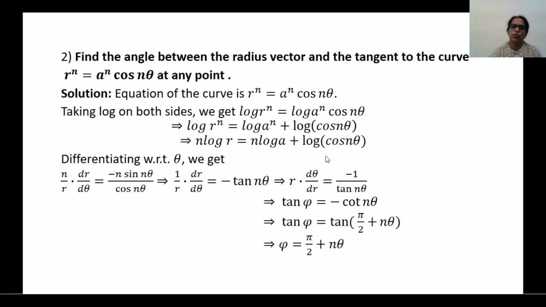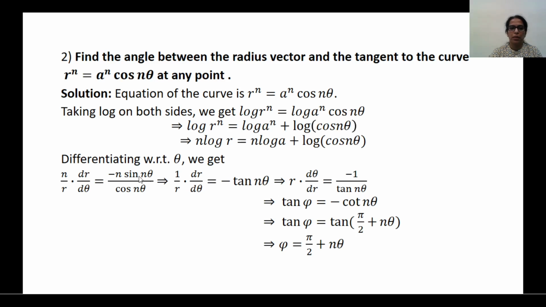Now differentiate this with respect to theta. n into log r differentiation is 1 by r dr by d theta, that's equal to, this is a constant, differentiation of this is 0. So log cos n theta differentiation is 1 over cos n theta into cos n theta differentiation is minus sin n theta, into n theta differentiation is into n.